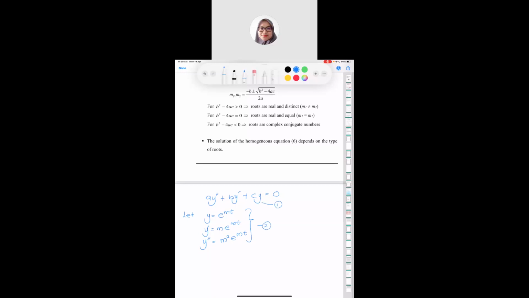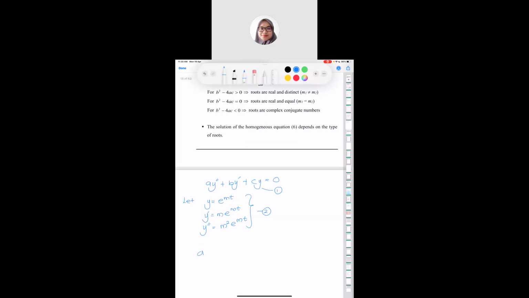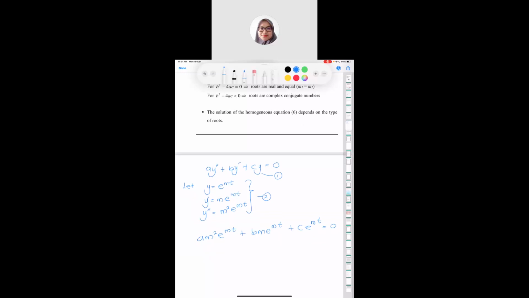I have am² e^(mt) + bm e^(mt) + c e^(mt) equal to 0. So I can factorize e^(mt). I have e^(mt)(am² + bm + c) = 0.